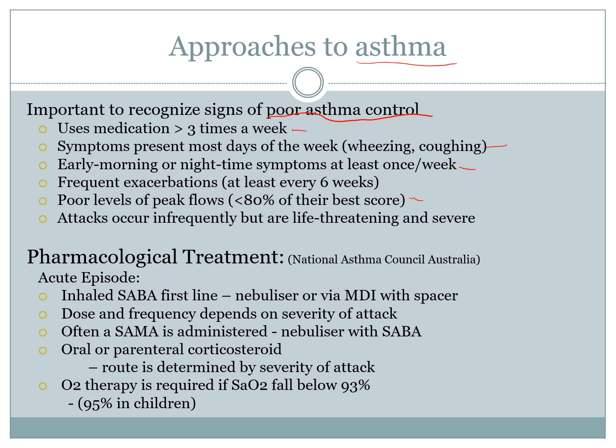Now, when we're dealing with pharmacological treatment and we have an acute episode, most of the time each individual will have their own sort of plan in place. But the idea is to encourage your short-acting beta agonist as your first line via a nebulizer, or mostly these days an MDI with a spacer. The dose and frequency is based on the plan and also the severity of the attack.